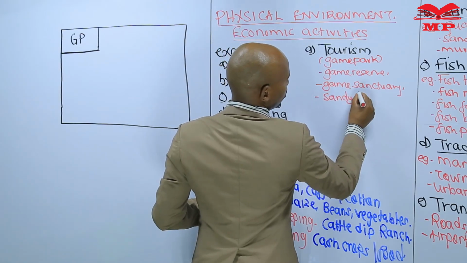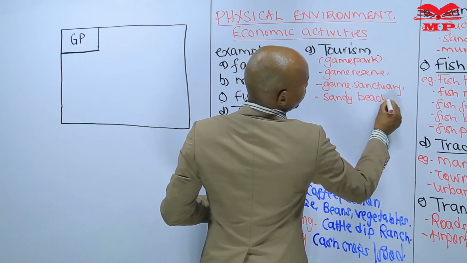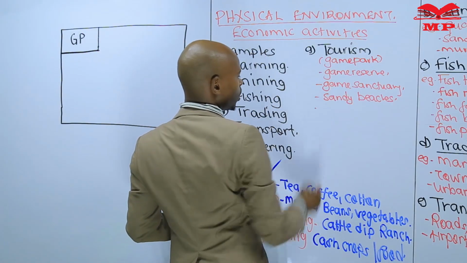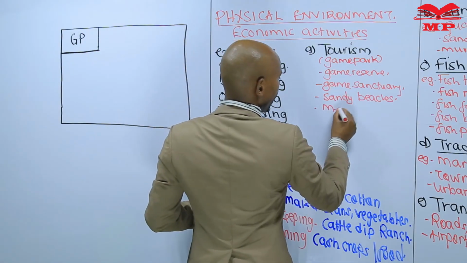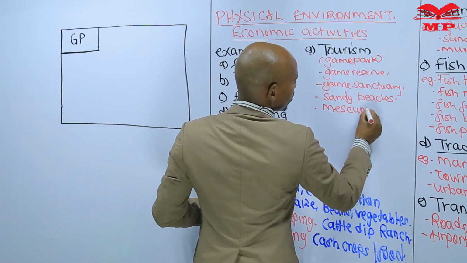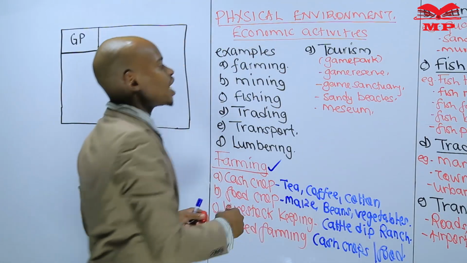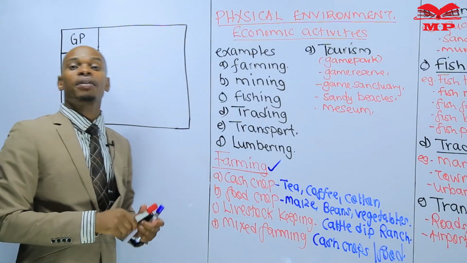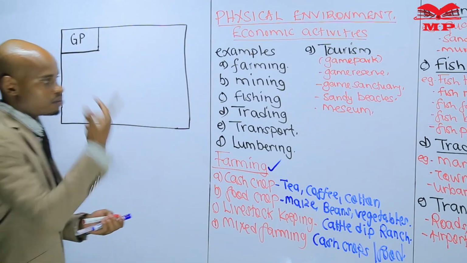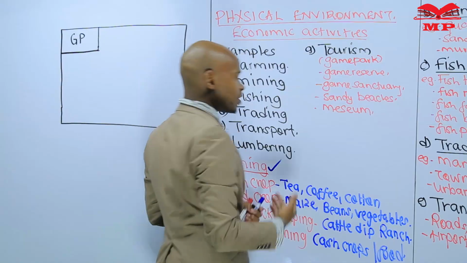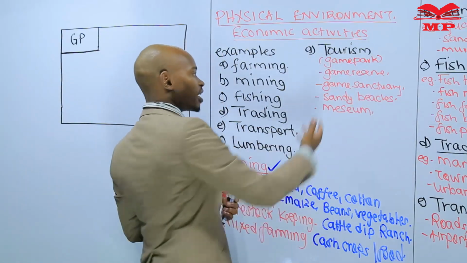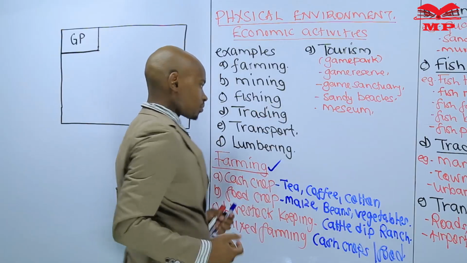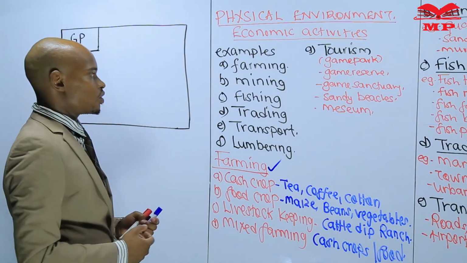Sandy beaches mean there is tourism. A museum means there is tourism. So there are so many things that can depict the presence of tourism, not necessarily a game park. It can be a game reserve, a game sanctuary, sandy beaches, or a museum for that matter.